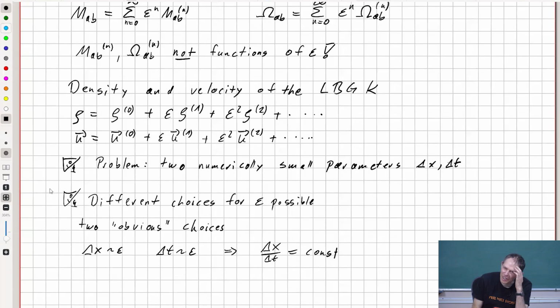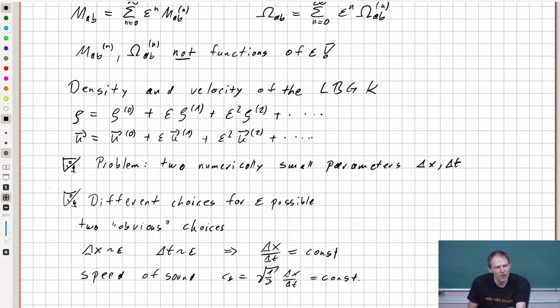Actually, it's a trick question because it always depends on what you want to do. So it could be a good thing or it could be a bad thing depending on what you want to do, right? So see the following. The speed of sound, Cs, is here always given as 1/3 delta x by delta t, and this is a constant.